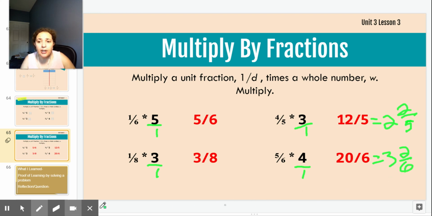And actually, I can simplify that even further, right? Because I can divide both by 2. My 3 stays the same, 3 wholes. I can divide 2 by 2, which gives me 1. And I can divide 6 by 2, which gives me 3. 3 and 1/3. All right.